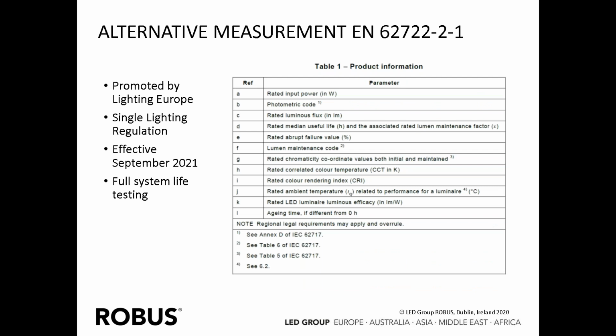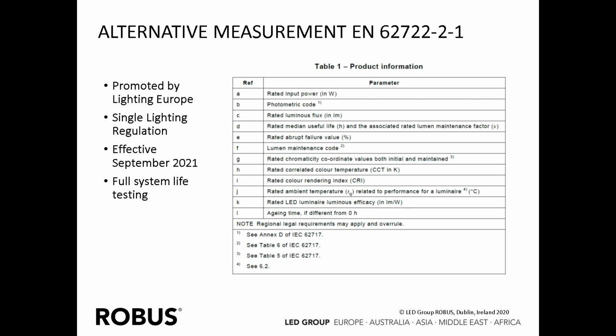An alternative method of measurement is using EN 62722-2.1, which is the luminaire standard in Europe. It is promoted by Lighting Europe, and it will be employed in the single lighting regulation, which comes into force in September of next year, 2021, and it encompasses full system light testing.